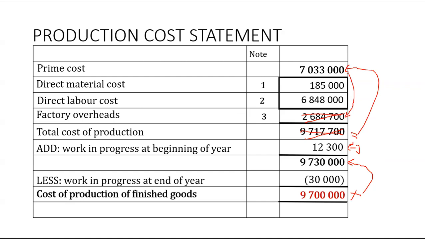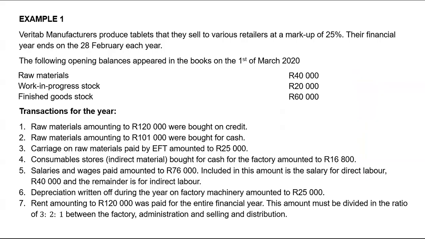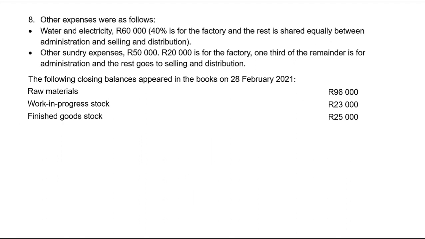Okay. This is just a summary of your production cost statement. If you want to apply this, you can actually try out this example over here. Use it to prepare your raw material cost note.